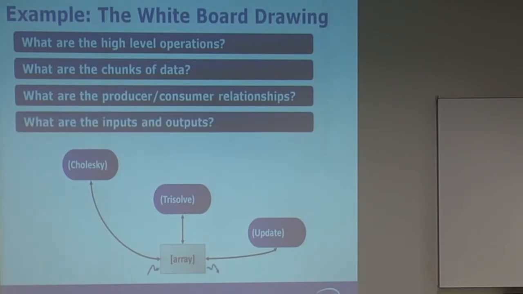And the last question is, what are the inputs and the outputs? Well, the inputs and the outputs we represent as these arrows here, and those are in fact producer-consumer relationships, that the environment is producing values to be used by the program, and the environment is consuming values produced by the program.